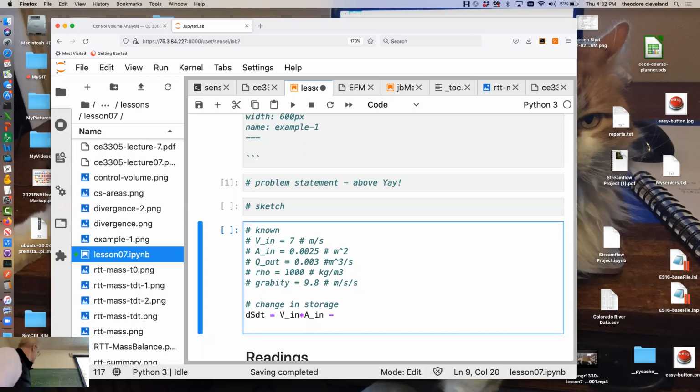Minus Q. Okay, so even though we pulled rho and g out of it, what we'll get if we evaluate that expression after we populate all the variables is the volumetric change in our tank. If we want to know the mass change, what do we do? Multiply everything by rho. Okay, so let's go ahead and activate all that and see what happens.